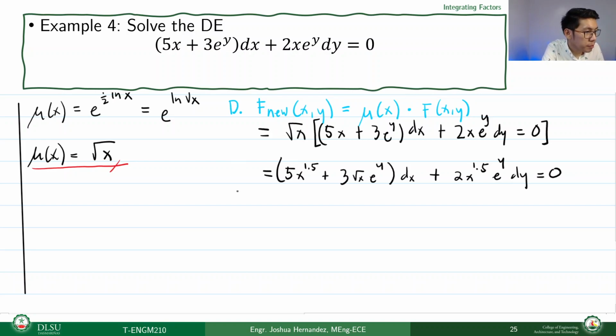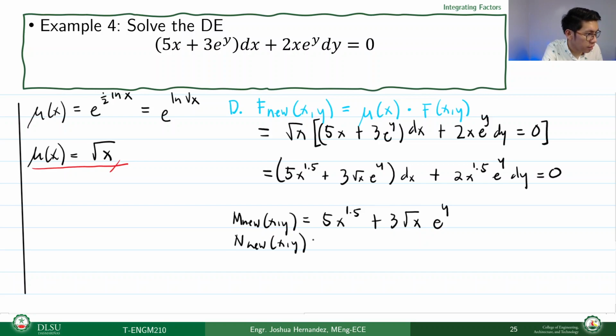We can see here that our new m is 5x raised to 1.5 plus 3 square root of x e to the y, and our new n is 2x raised to 1.5 e to the y.